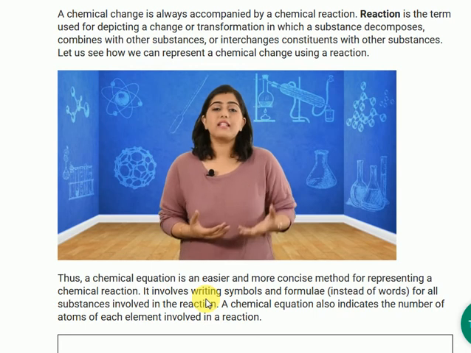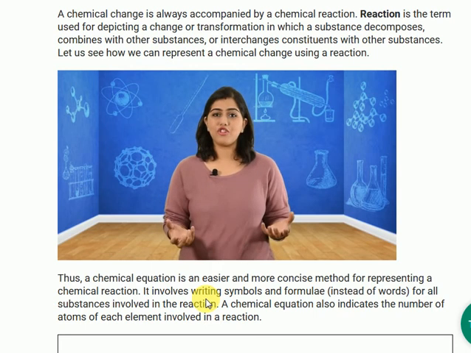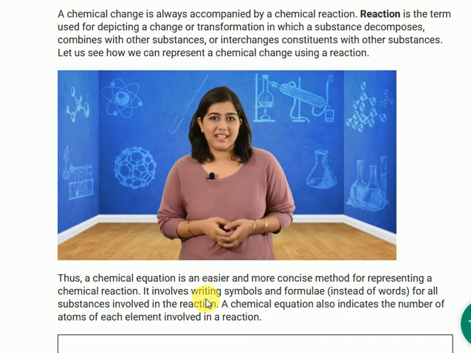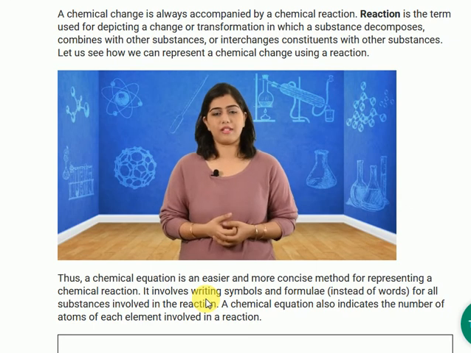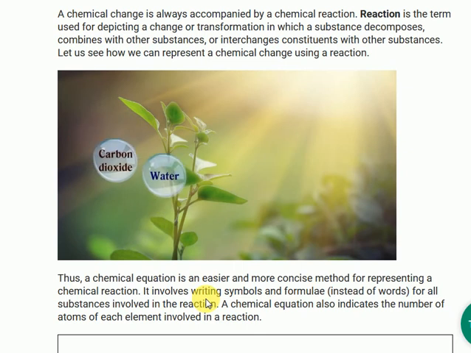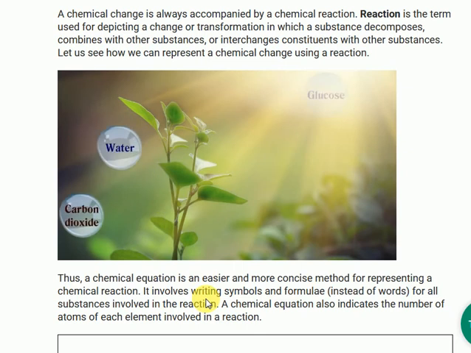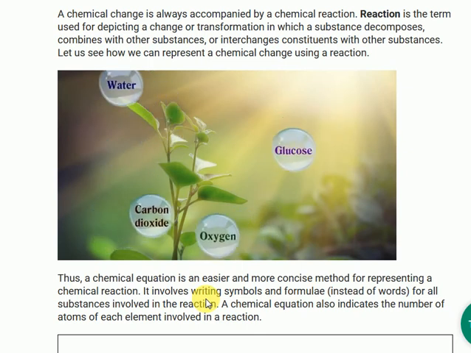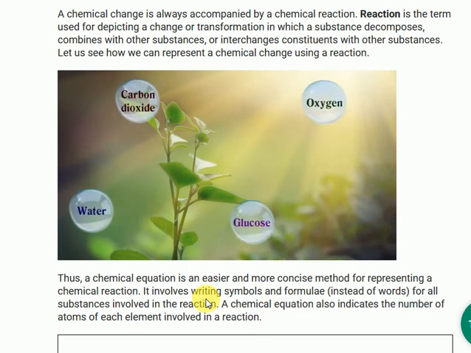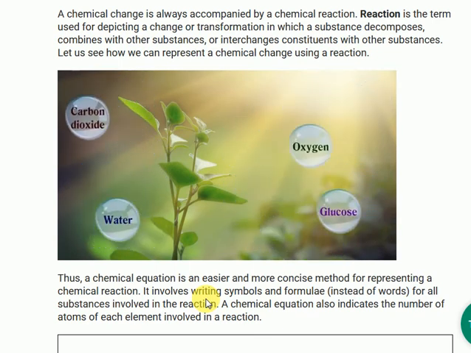Now let us understand how to write a chemical reaction using an example. So let's take the example of photosynthesis. What happens in photosynthesis? Carbon dioxide and water inside the plants combine to give us glucose and oxygen gas. So in the chemical equation for this change, we will use the molecular formulae of each species.